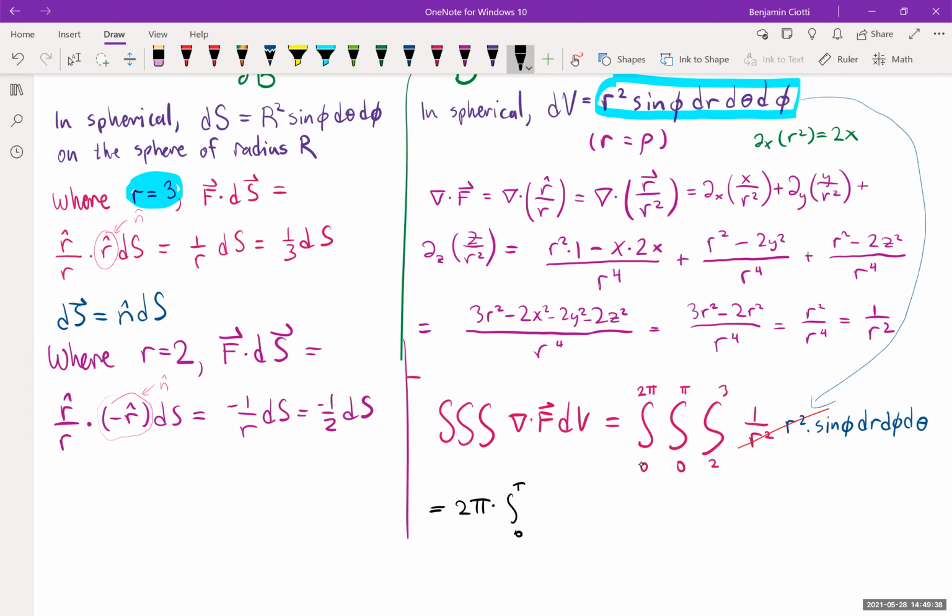Here, I'll just write it. Okay, so we got 4 pi doing the volume integral.